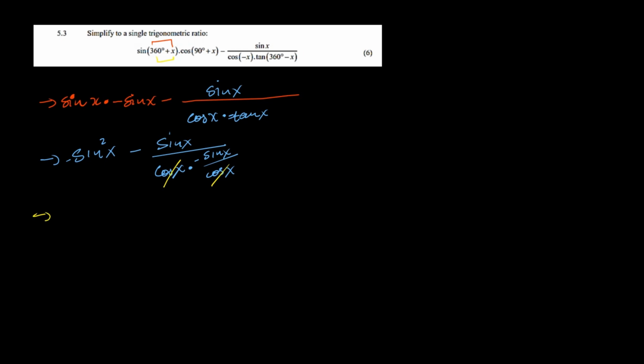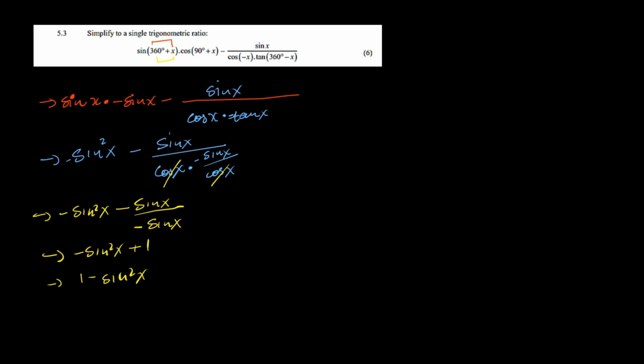We remain with negative sin squared x minus sin x, all divided by negative sin x. So this further simplifies to negative sin squared x plus 1, which can also be rewritten as 1 minus sin squared x.